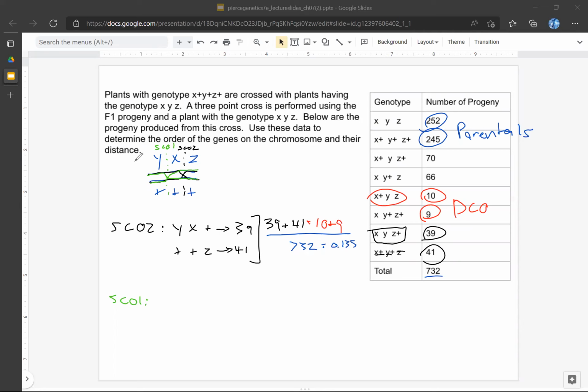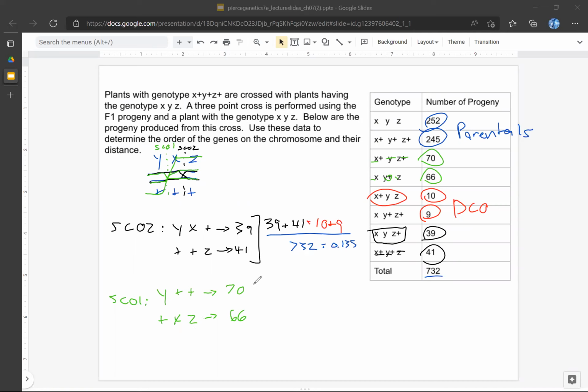One of the possible genotypes of our recombinant offspring is going to be Y plus plus, and the other is plus X Z. So Y plus plus is 70. And we're only left with this one, which we see is plus X Z, plus X Z. Perfect.